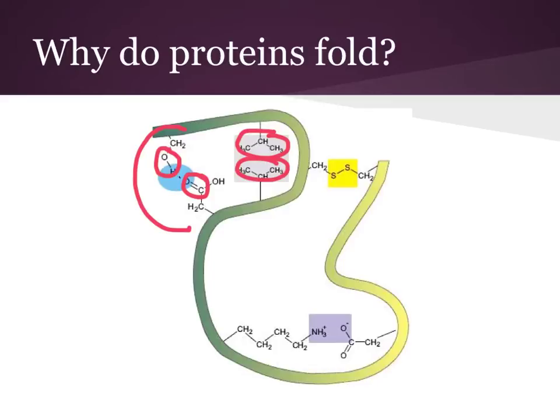Anytime we have cysteine and we have two sulfhydryl groups, those sulfhydryl groups will form bridges. We call those disulfide bridges. So we see a bridge, right? And those bridges can form bonds between two cysteine amino acids. And finally, we see an amine group and a carboxylic acid coming into ionic bond with one another.